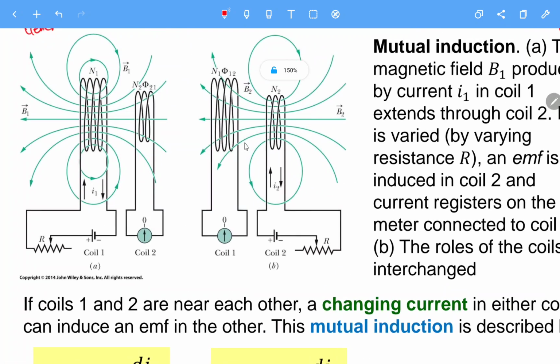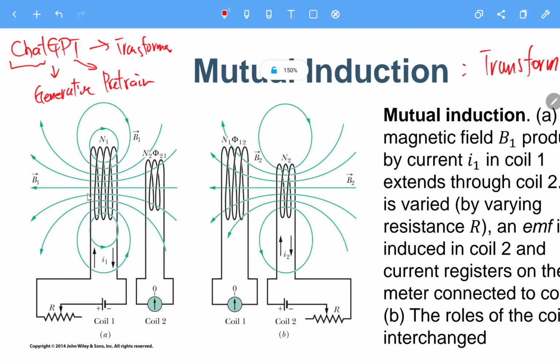Actually, the setup here is that we have N1 connected with a battery, and then we also connect a tunable resistor, as I mentioned. If we just connect a fixed resistor, then the current is fixed, the magnetic field doesn't change, so the magnetic flux is not changing, and there will be no induced EMF.